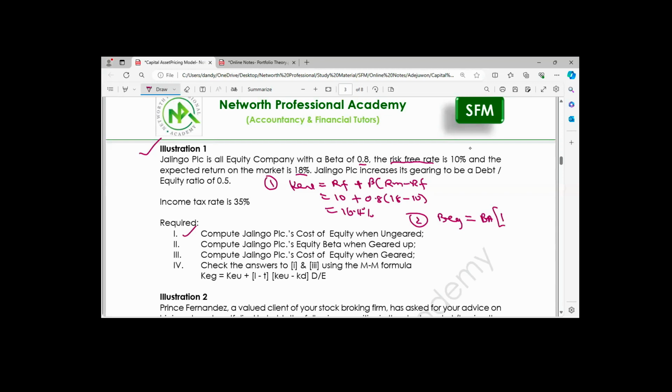If you don't have debt beta, then beta equity geared will be calculated as beta assets multiplied by 1 plus (1 minus tax) multiplied by the debt-equity proportion. So if that is the case, I would then say the beta equity geared equals, what is my beta assets?